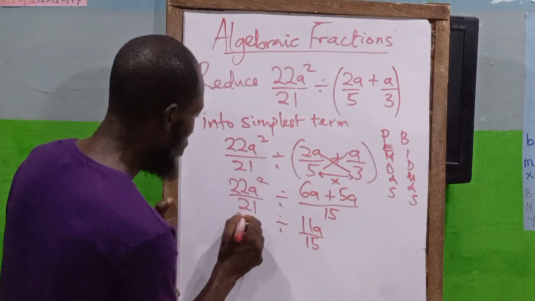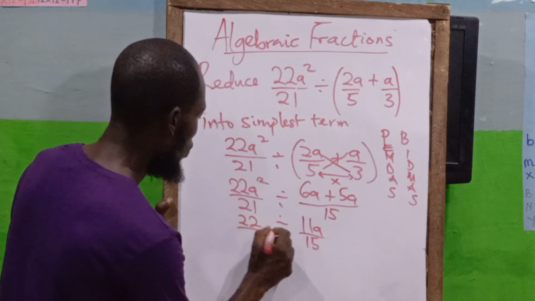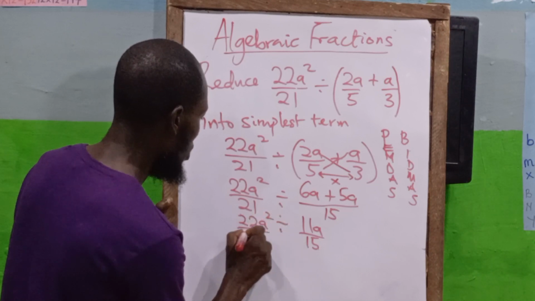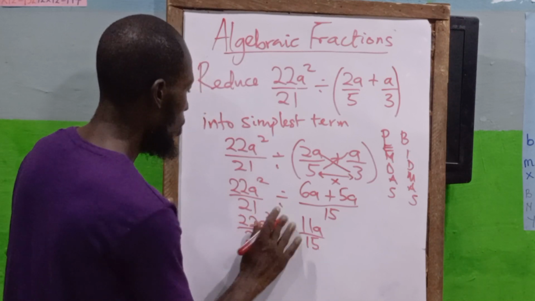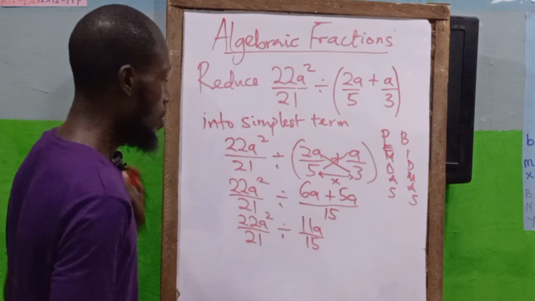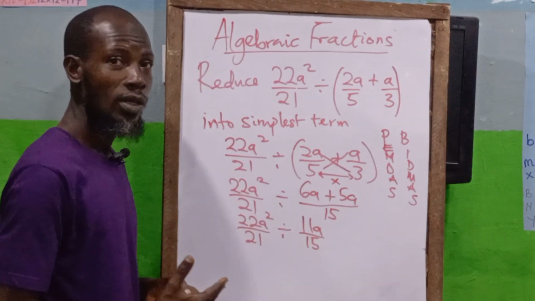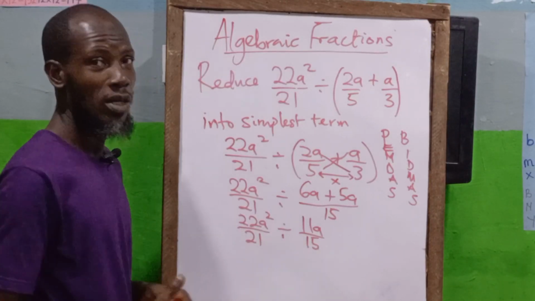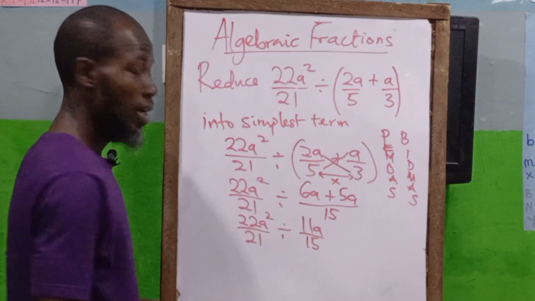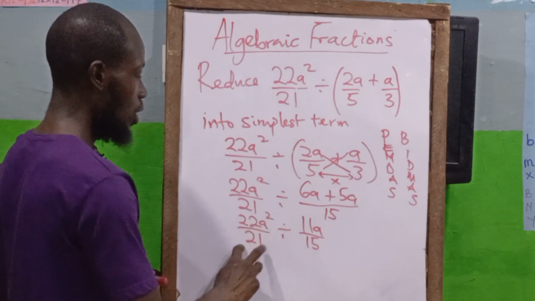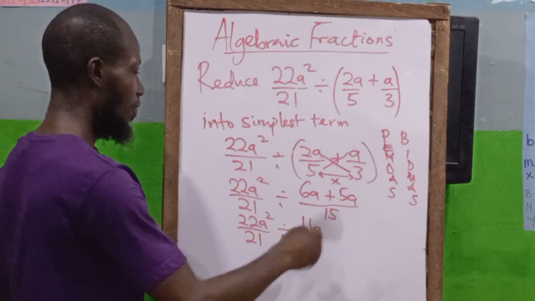And here we have 22a squared over 21. Now, when we have division of fractions, there's a particular mantra we use, and that is keep, change, and flip.